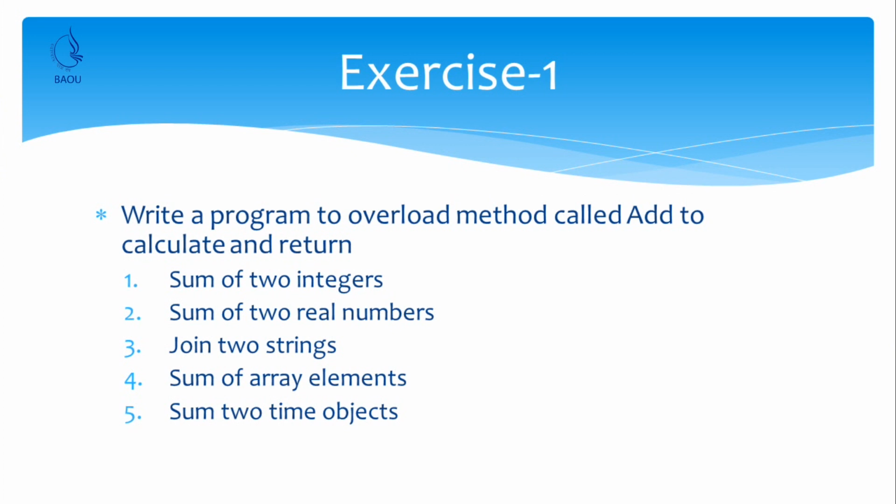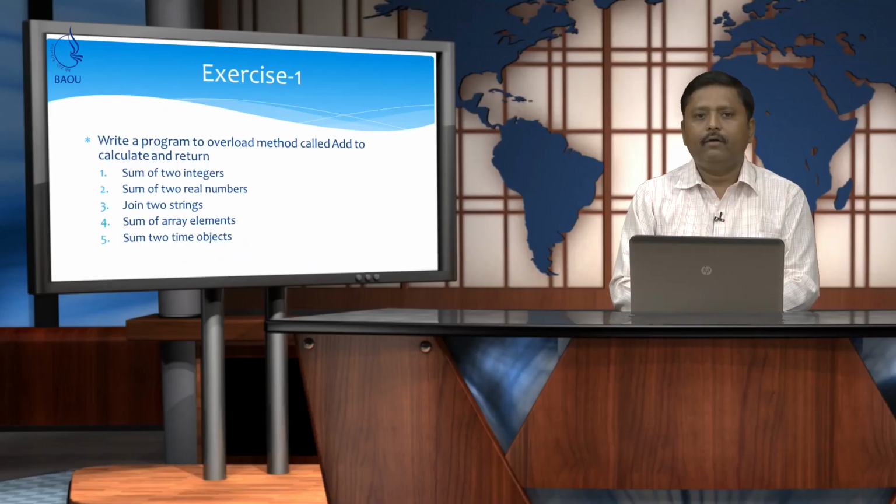If a string is provided as an argument, you want to join them, and you have to sum the array elements if an array is provided as an argument. Finally, you have to sum two time objects. We already discussed how to sum two times in the previous lecture. So, you have to write down this exercise.